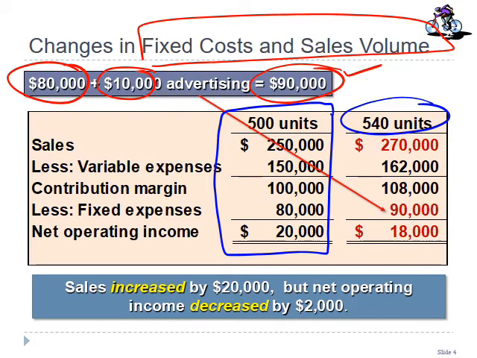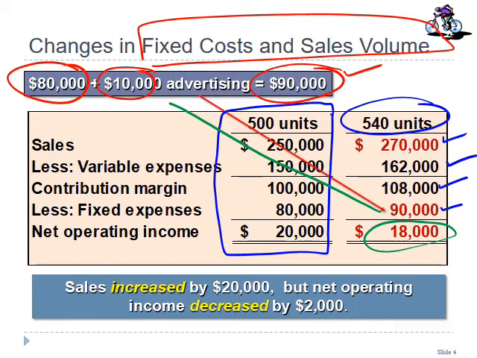So here, as you can see, the sales is 270,000, 540 multiplied by 500, and our variable expense is 162,000. So our contribution margin is 108,000, right? And if you less the new fixed cost by adding advertising expense, you will find 18,000 net operating income.